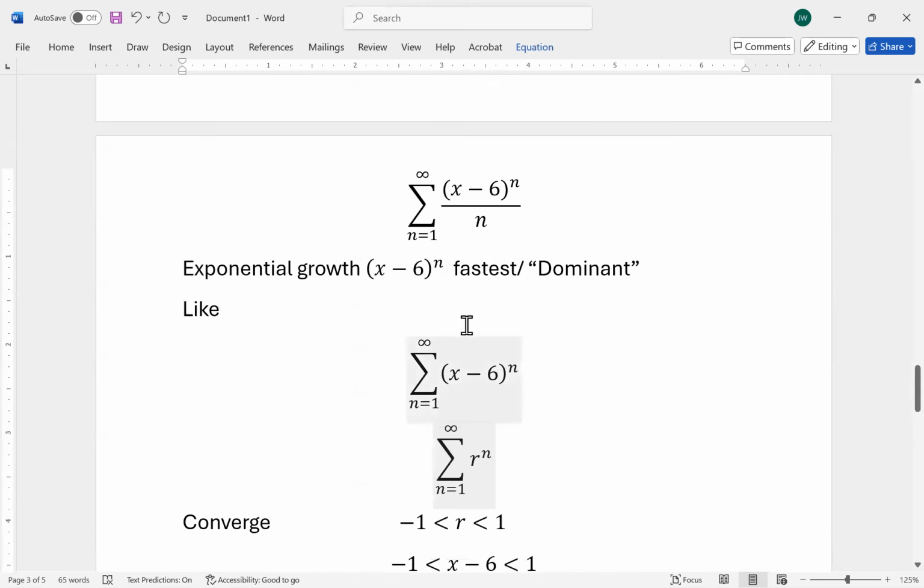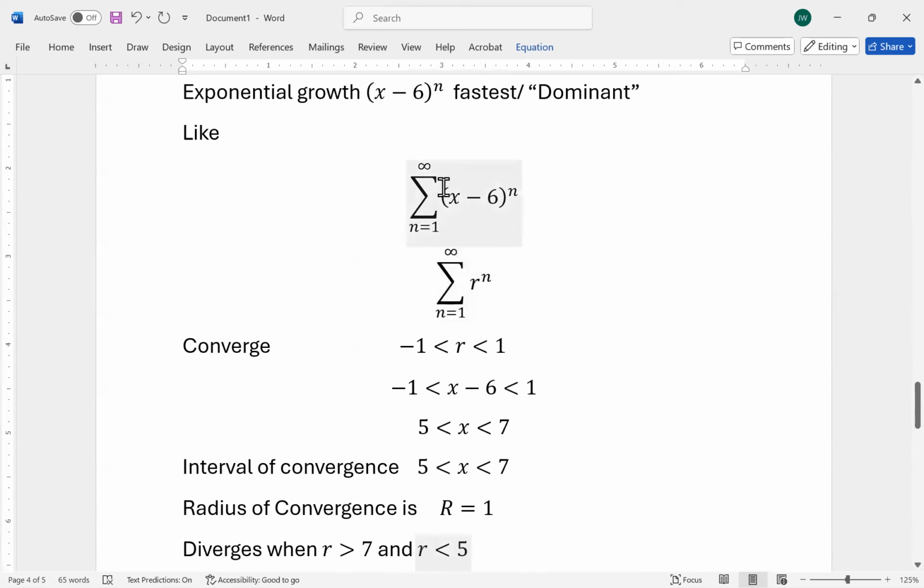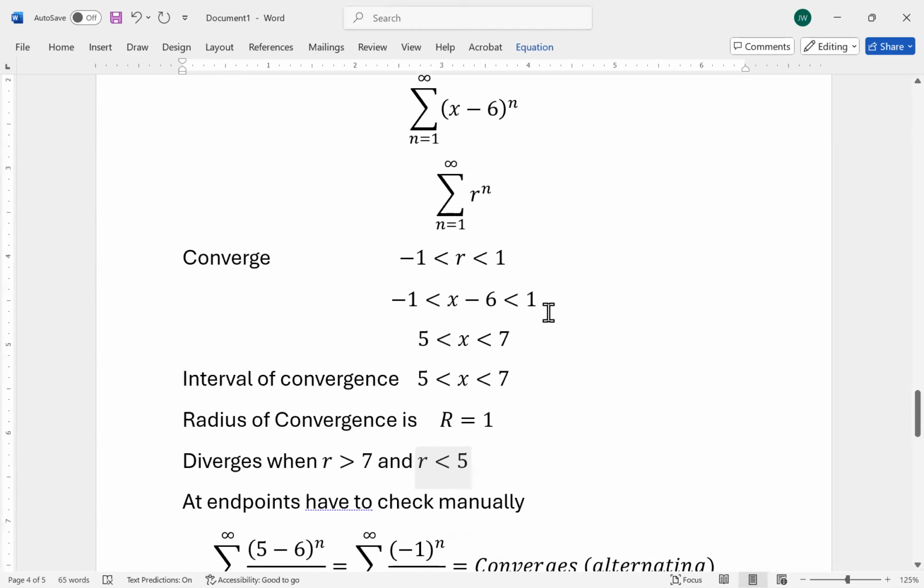This is kind of how all of these go, where the exponential part is going to be dominant. We say, oh, the exponential part is dominant, so if we ignore all the other stuff, it looks very much like a geometric series. And we know that geometric series converge when r is between -1 and 1.